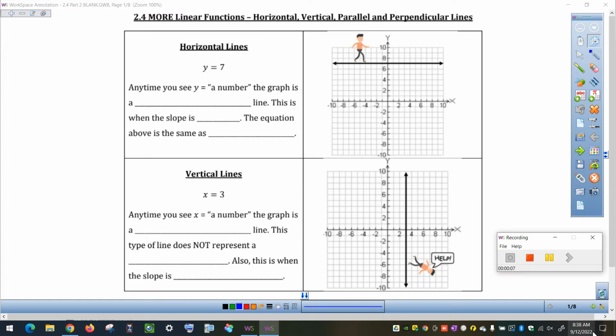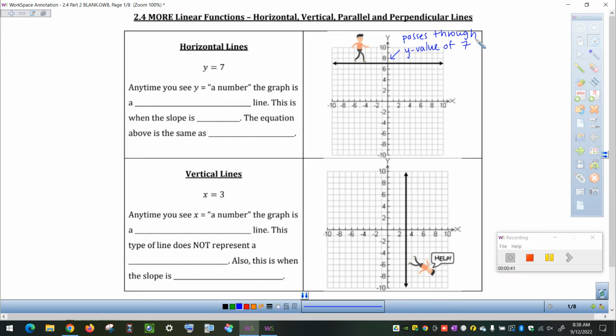So the equation is very simple. It's just y equals 7. And that's going to make a horizontal line that's passing through the y value of 7. And so this is always going to be the format of something that makes a horizontal line.